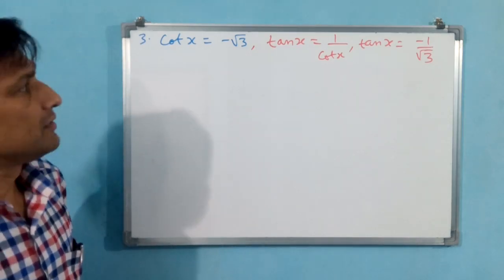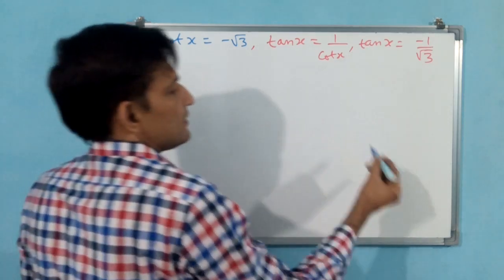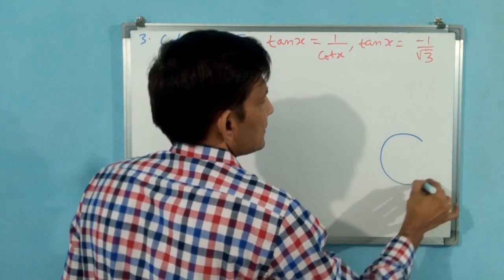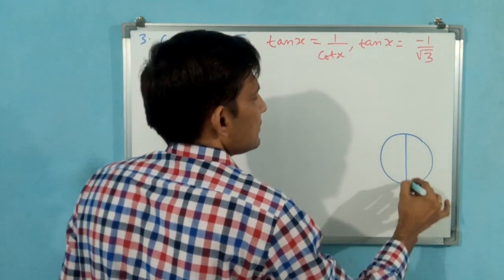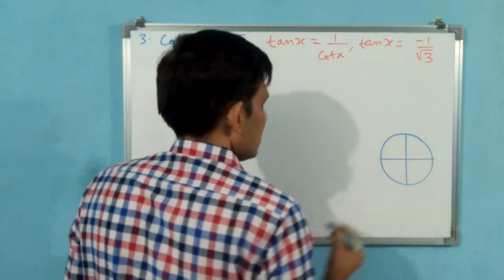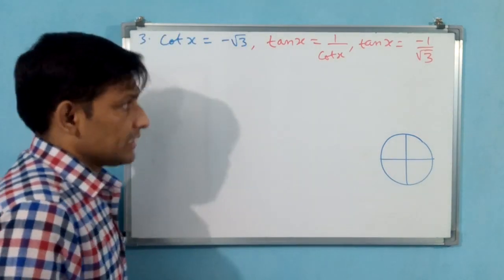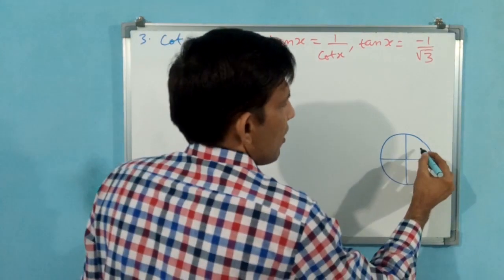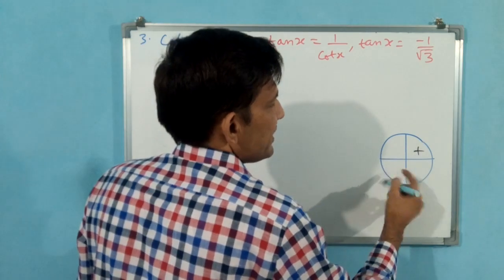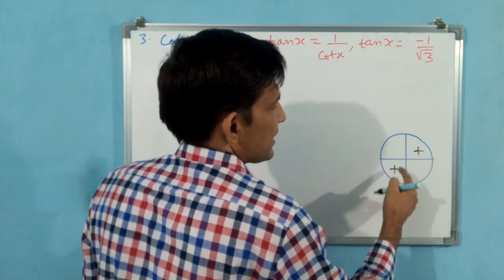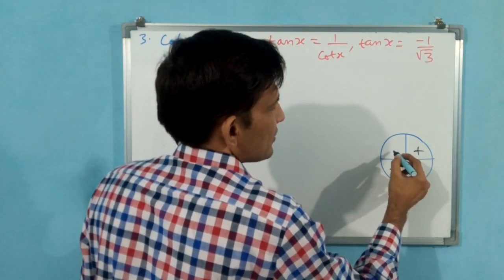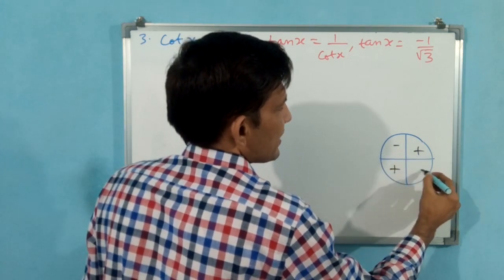Now again draw the circle diagram for tan theta. So this is circle diagram for tan theta. Tan, both these areas are positive, both these areas are negative.